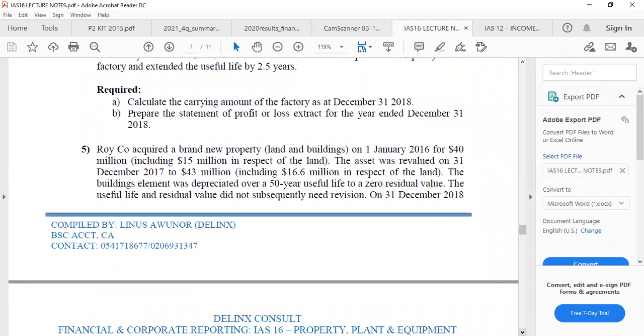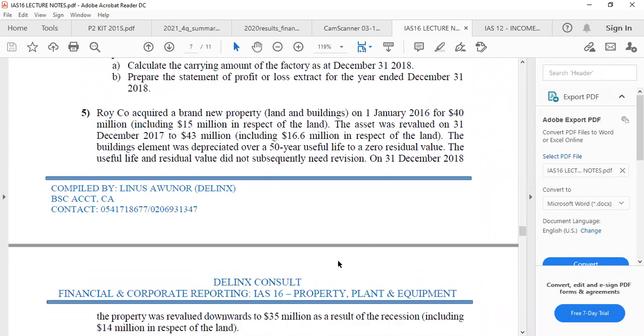Okay. Next question, question 5. Roy Company acquired a brand new property, land and buildings on 1st January 2016 for $40 million, including $5 million in respect of the land. The asset was revalued on 31st December 2017 to $43 million, including $16.6 million in respect of the land.